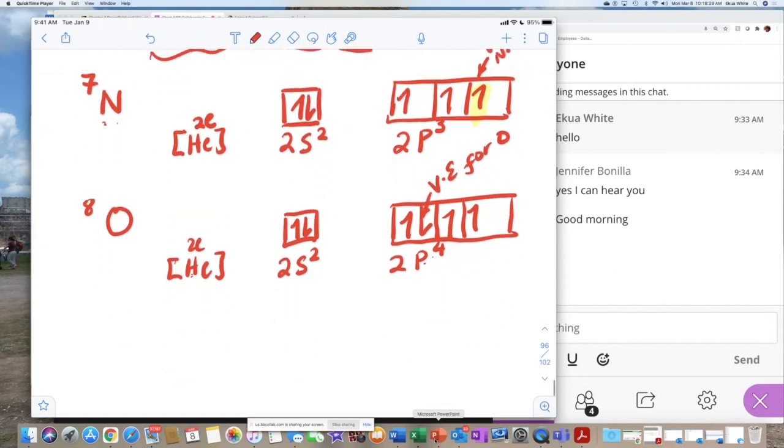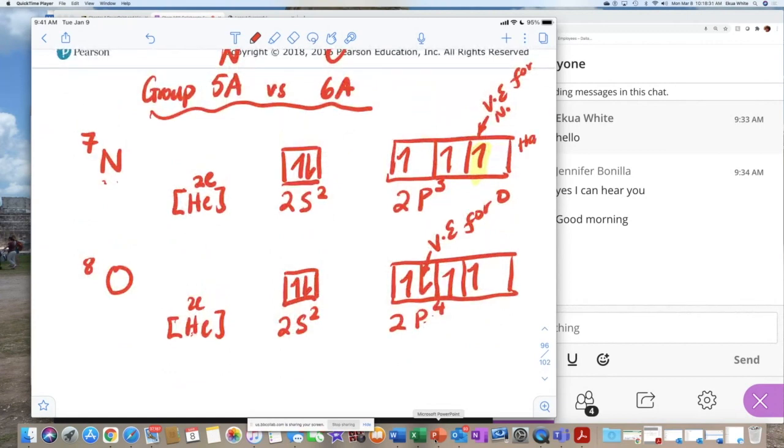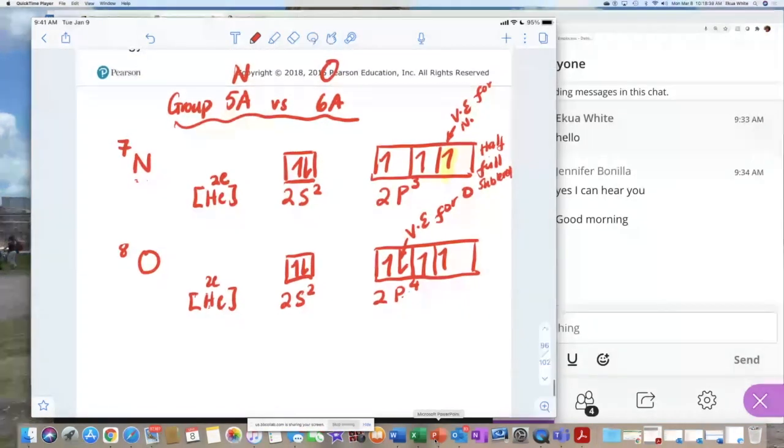So this is half full, right? Half full sublevel. The element likes half full. This one here, we have just went a step above half full.